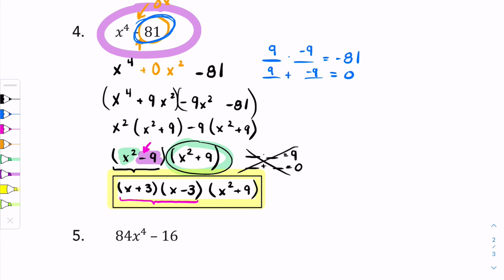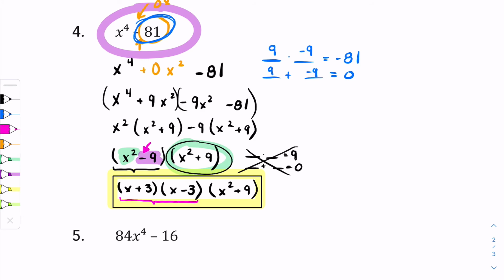All right, and the last example here, we have 84 times x to the 4th minus 16. So 84 and 16 have a common factor of 4. When we take out a factor of 4, we're left with 21.